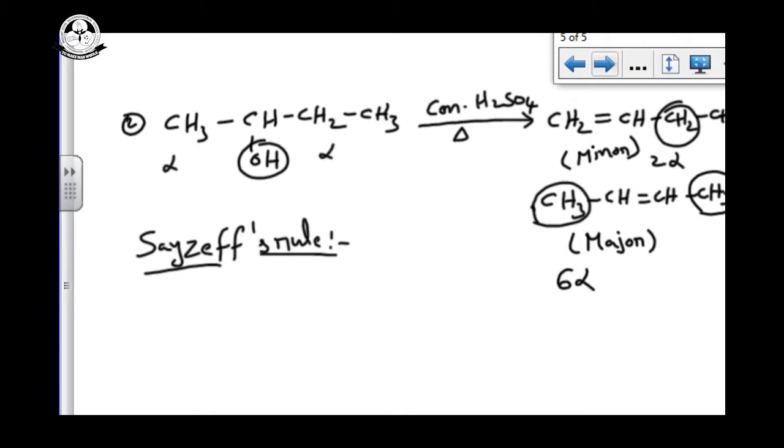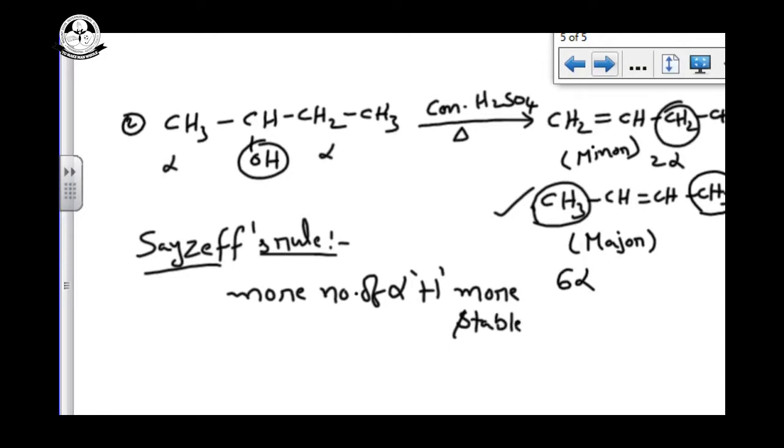So as per the Saytzeff rule, the major product is this one. Otherwise you can count like this: more alpha hydrogens, more stable. Like that we can decide which is the major product and which is the minor product.